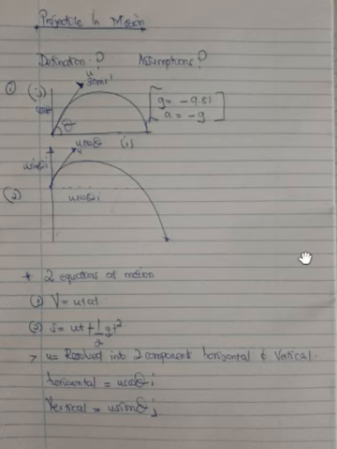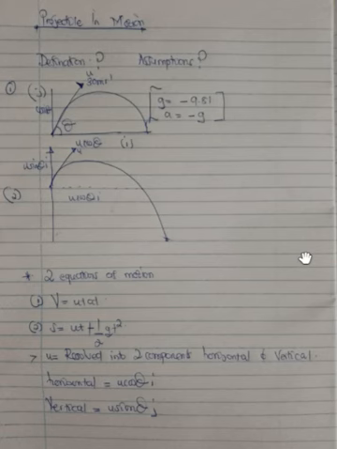The first equation is v is equivalent to u plus at. We say that i and j represent direction because velocity is a vector. Here u is represented by two components. Therefore, we know v is equivalent to u plus at.